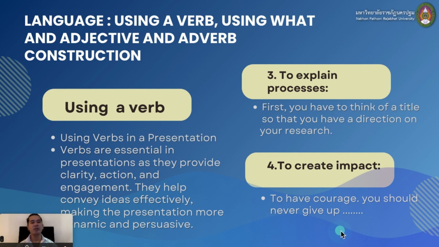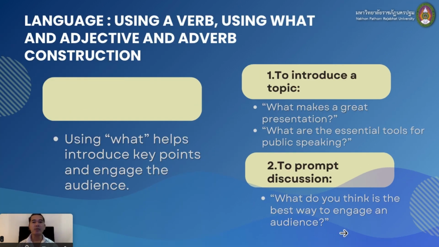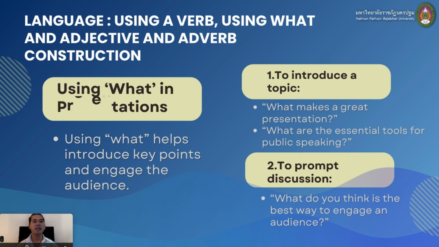The next one is actually using what. Using what in presentation is also useful since it gives your presentation more precise points and engages the audience.